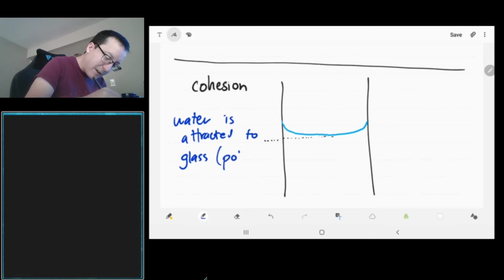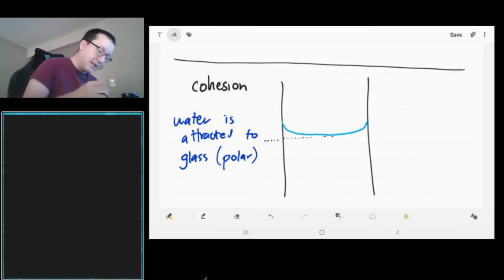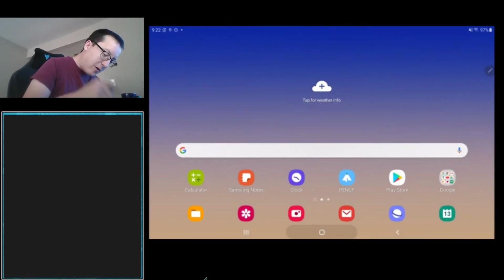Glass is polar, by the way, just so we know. So at least the surface of glass is polar. And so we're going to see that because glass is polar, water is attracted to it. And so it can kind of defy gravity a little bit and kind of climbs up the wall.